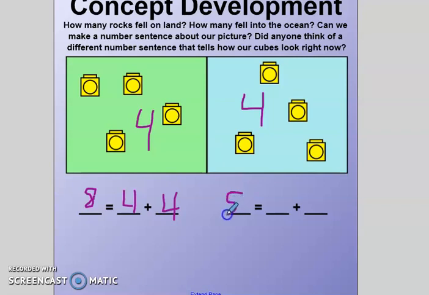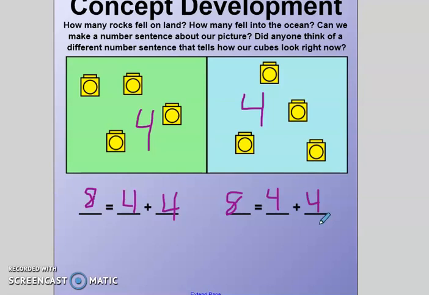So I'm going to do my whole again, which is 8. And then I'm going to do my water for my one part, which is 4, or 4 space rocks. And then my land, which is also 4. That's the same number sentence twice.